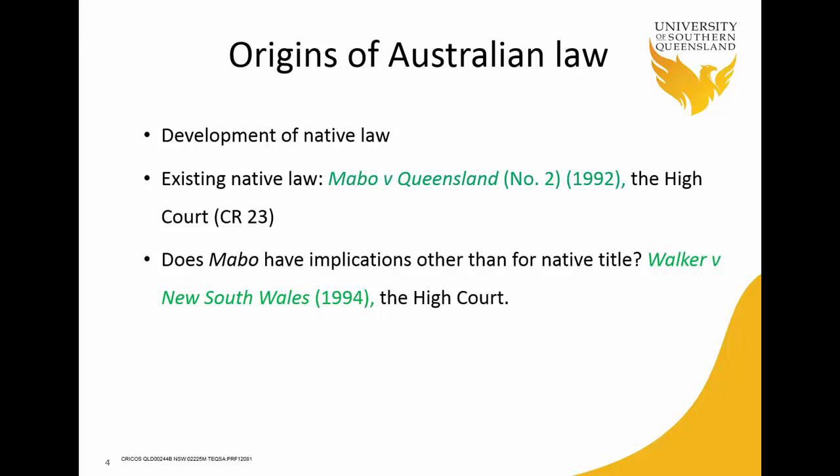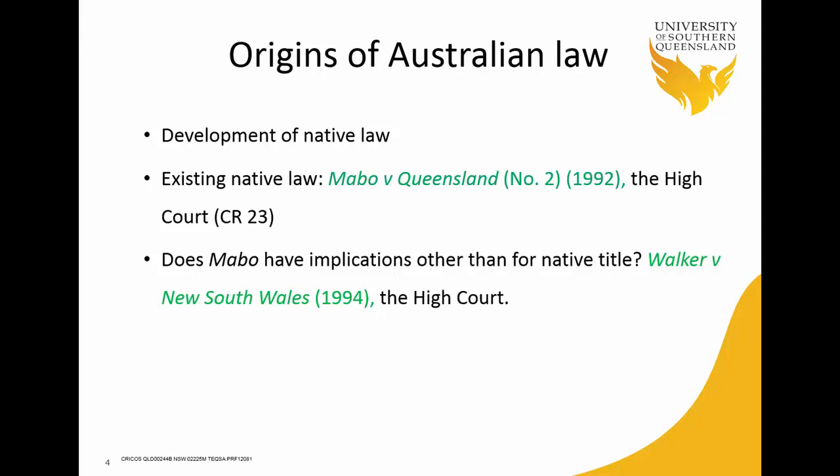And the issue was exactly the same as in Milirrpum. Was Australia a territory acquired by treaty or conquest, or territory that was terra nullius? So they had two options. You either conquer the land, and that makes you bring your law with you, but even then, when you conquer the land, the law really is not necessarily going to be the law of the conqueror.